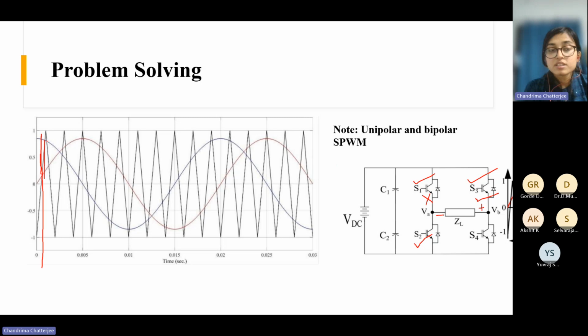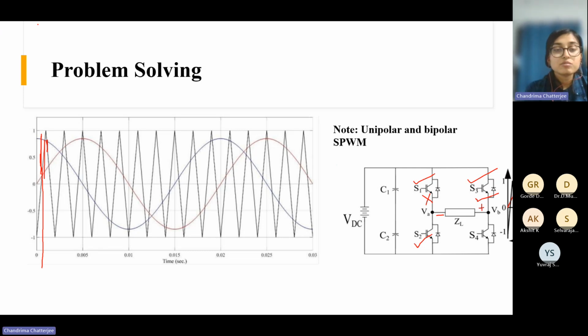Then during this point to this point, this interval, both the reference signals are lower than the carrier signal. I am talking about this portion. So now again, both these switches will be off. So again, zero voltage, right? Because now these two switches are on, same thing.